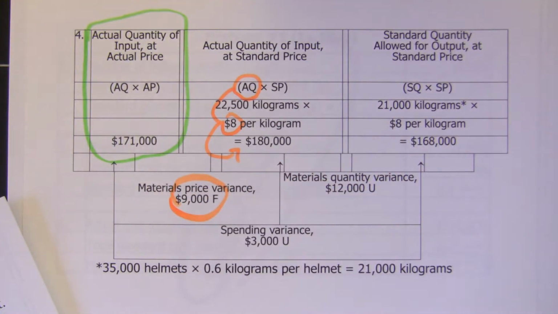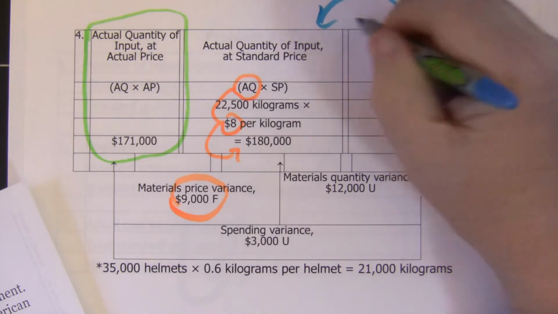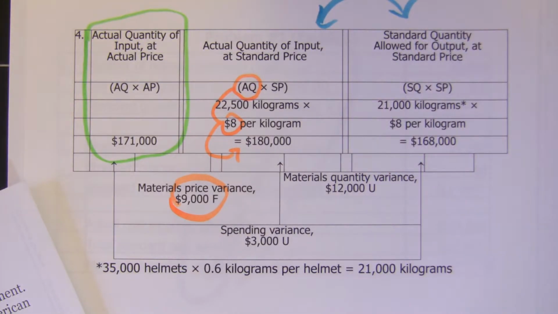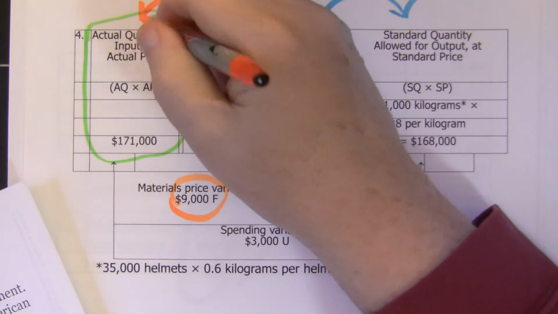That's a favorable price variance. Now we need to look at the other piece. For the price variance, we compared these two. That's the price variance.